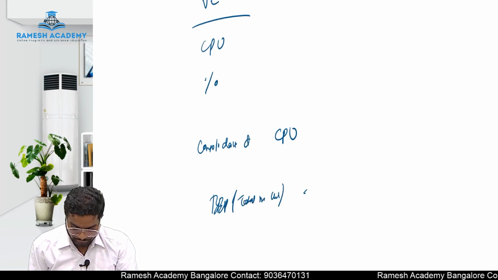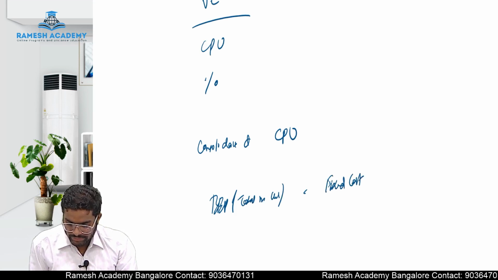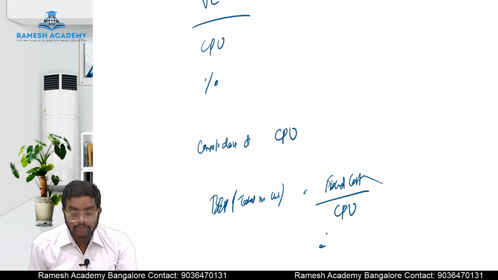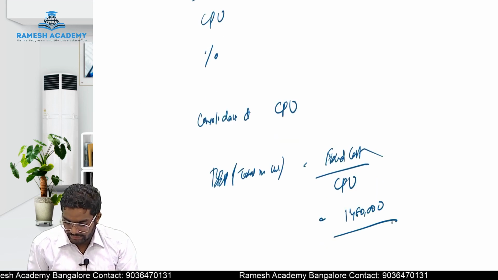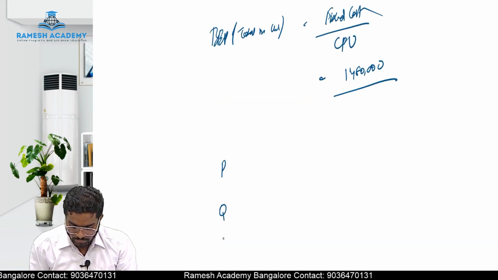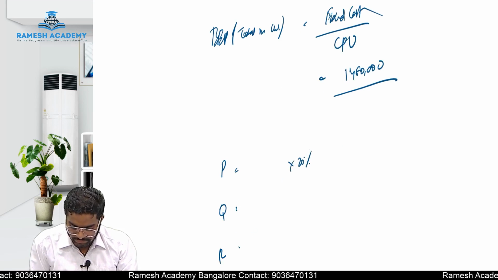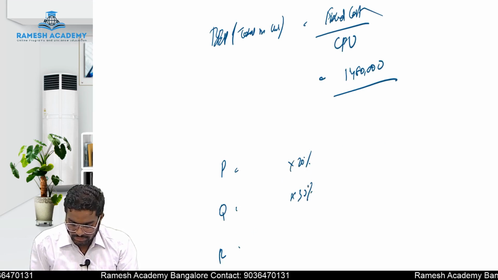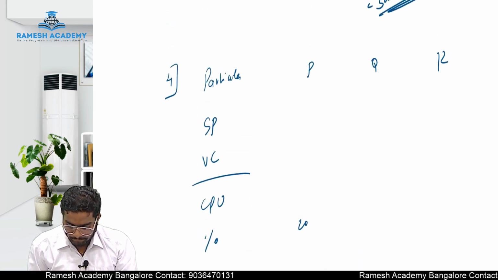So I'll have fixed cost divided by CPU, which means contribution per unit. So I have 14,80,000. I'll get some answer. Then for P, Q and R, just multiply by 20%, 30%, 50%. That's it.